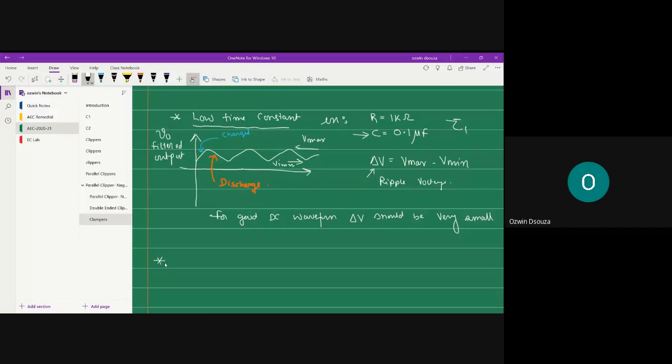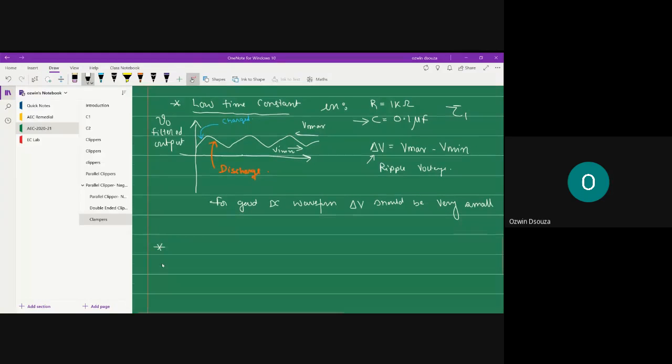Now let us see what will happen if you were to select a high time constant, let's say tau 2. In the previous case, let us take it as tau 1. For example, let's fix the R value at 1 kilo ohm only.